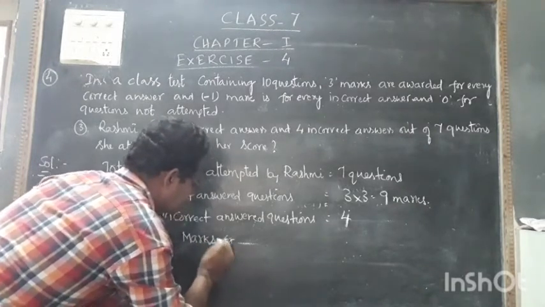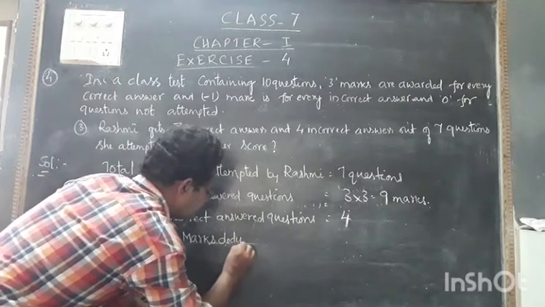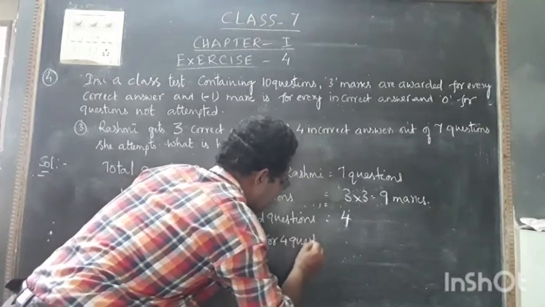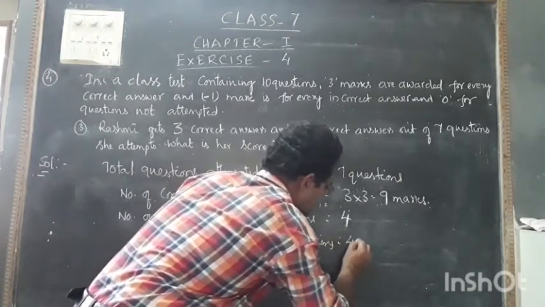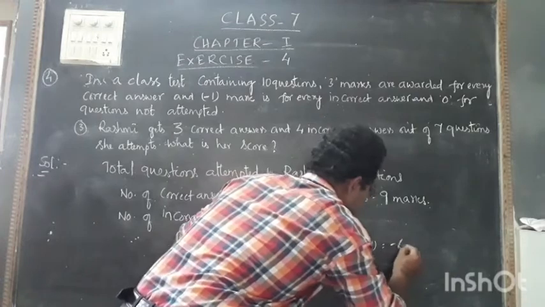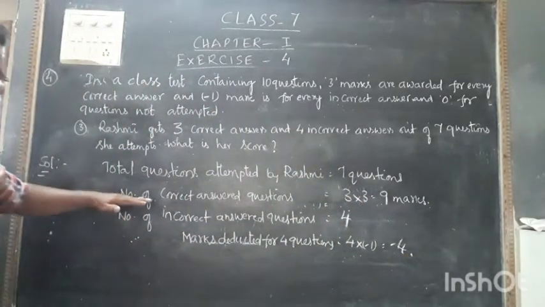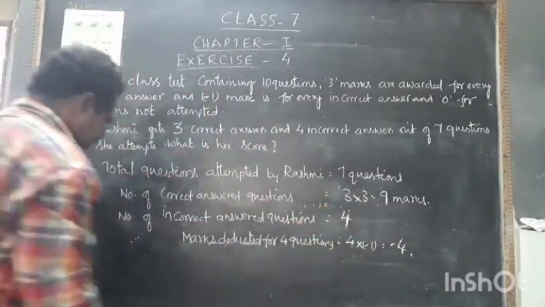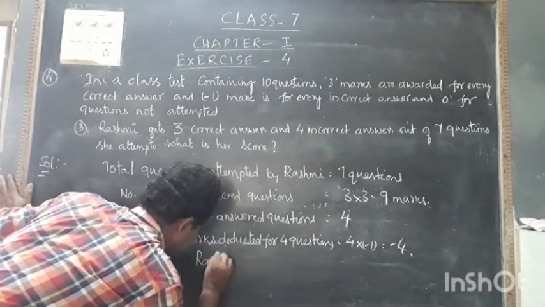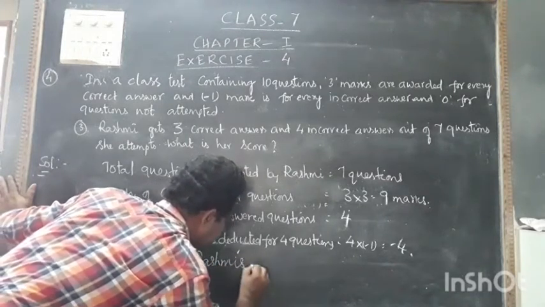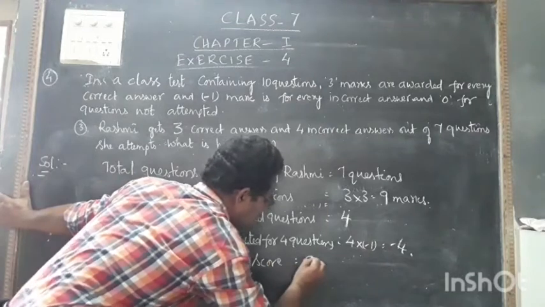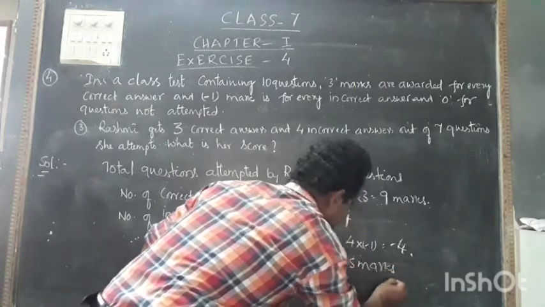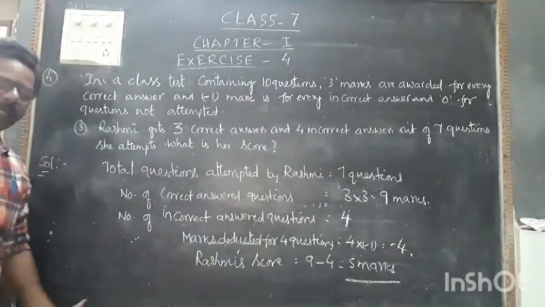Marks deducted for 4 questions is equal to 4 into minus 1, which is equal to minus 4. So totally she got 9 marks, and in that 4 marks we have to deduct. So now we have to write: Rashmi's score is equal to 9 minus 4, which is equal to 5 marks. So Rashmi finally got totally 5 marks.